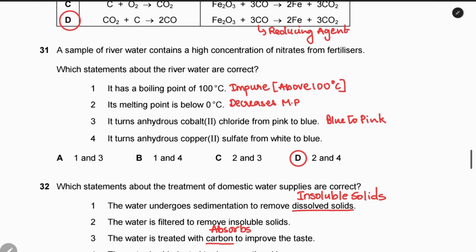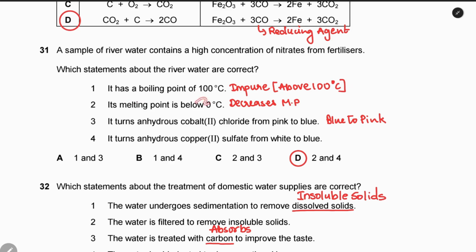A sample of river water contains a high concentration of nitrates from the fertilizers. Which statements about the river water are correct? So, river water is going to have more contamination, more impurities. It has a boiling point of 110 degrees Celsius? No, it's going to be more than 100. So, it's going to be impure and above 100 degrees Celsius.